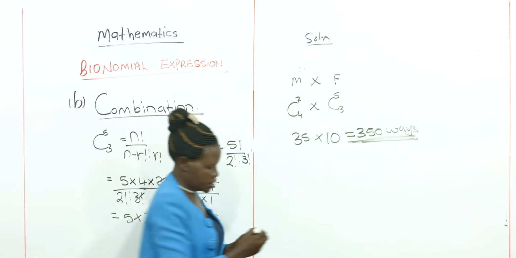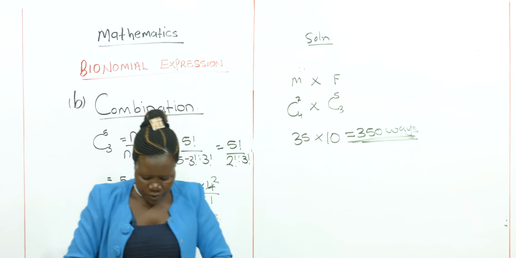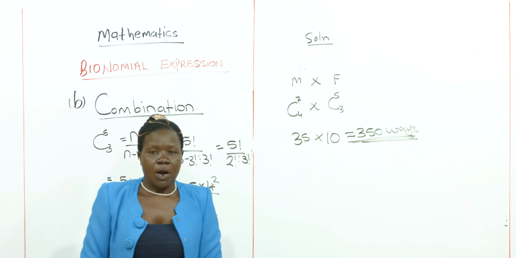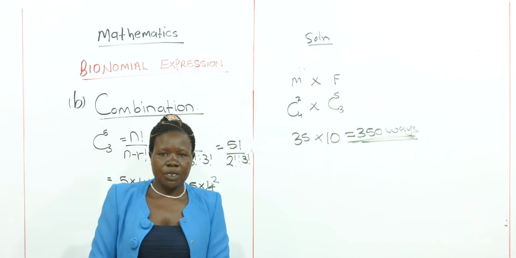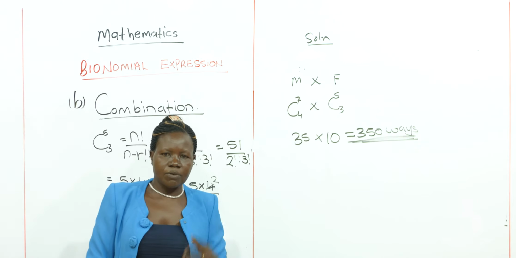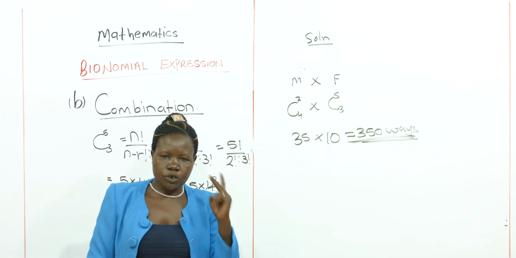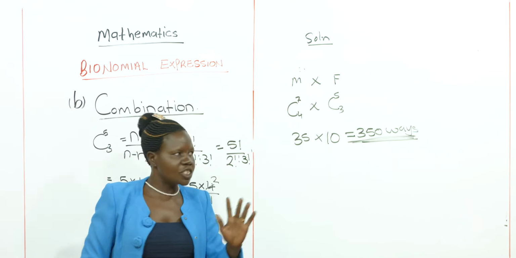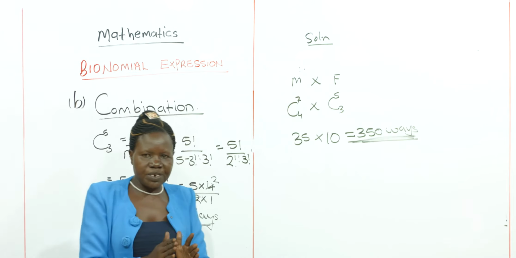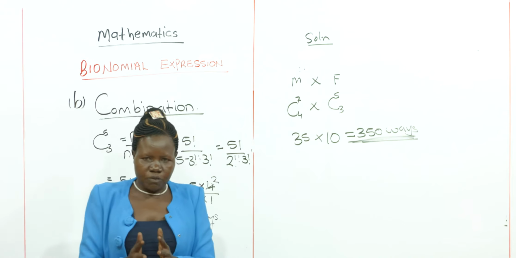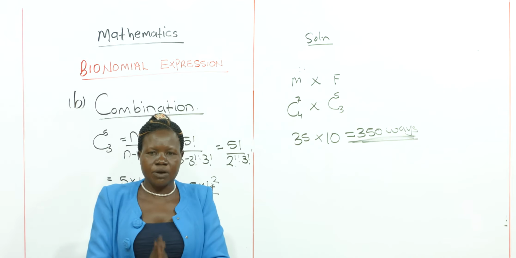So dear learners, I believe from these examples you have picked something under combination. So working combination if it is only dealing with one item, and then working for combination if it is dealing with the 2 items. Sometimes even if there are 3, you also do the same way. Get one combination, get the other combination, get the other one, and then you multiply them together to get the final answer.